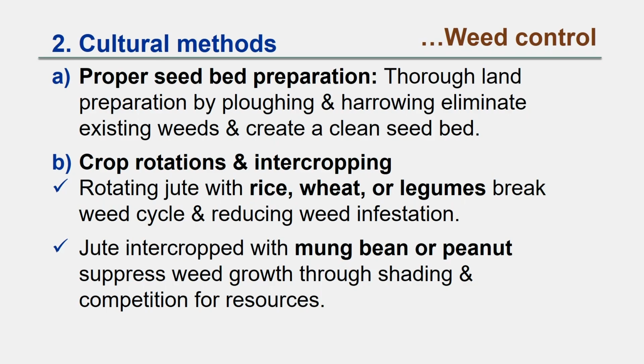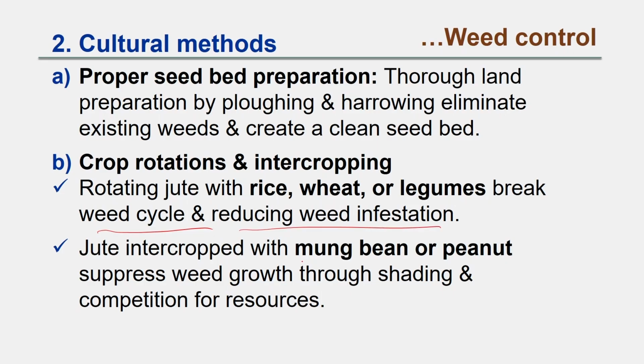Now there are a number of cultural methods through which we can control the weeds. Proper seed bed preparation is one of them. Thorough land preparation by plowing and harrowing eliminates existing weeds and creates a clean seed bed. Crop rotations and intercropping are also helpful in suppressing the weeds in jute crop. Rotating jute with rice, wheat or legumes breaks the weed cycle and reduces the weed infestation.